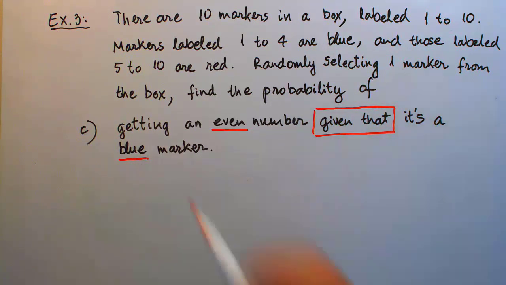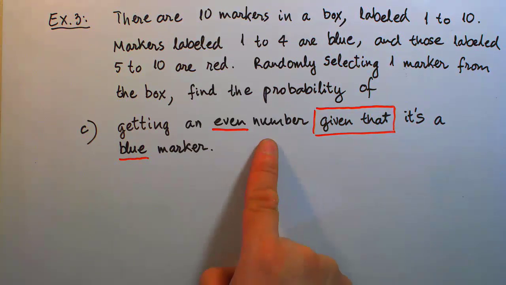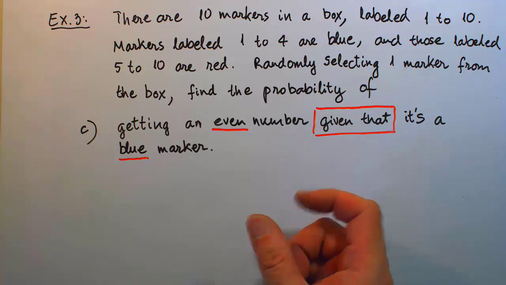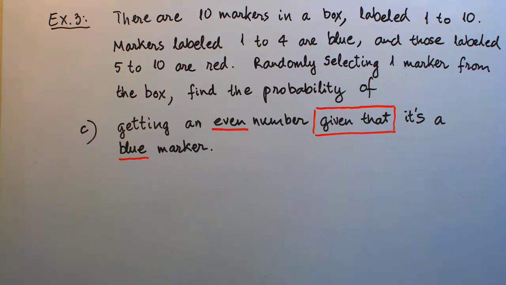If you notice more closely, this question C is still using the same two events, being an even number and being a blue number. The only difference is that we switch around the order of these two events around the phrase given that. So grammatically, that's what we recognized.